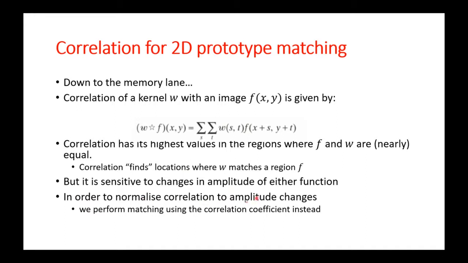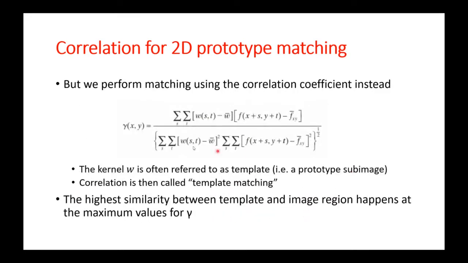So in order to normalize the correlation to amplitude changes, we use what's called the correlation coefficient for pattern matching, which is this formula, where the kernel in this case is referred to as the template. So we get this template, which we run through the image, minus the mean of the template.